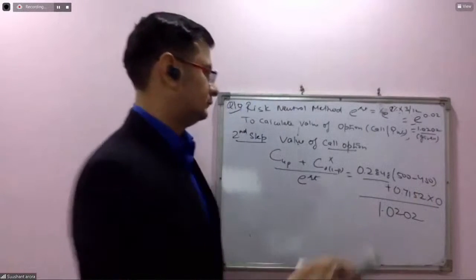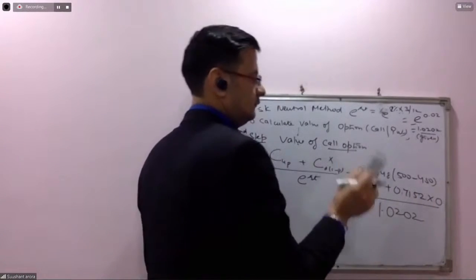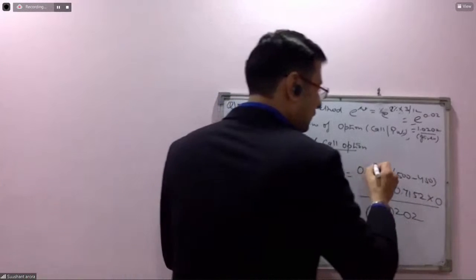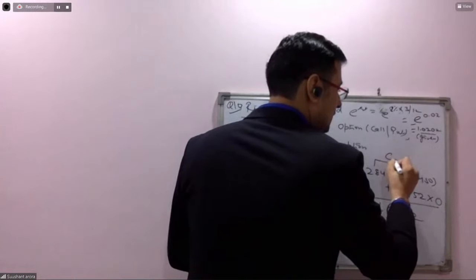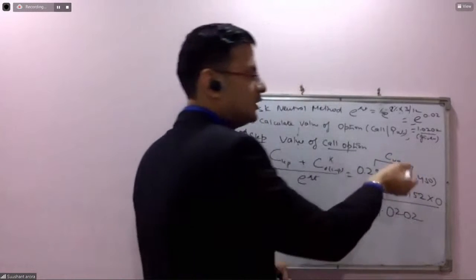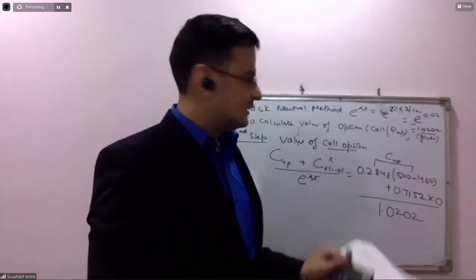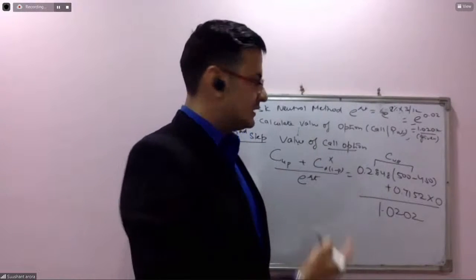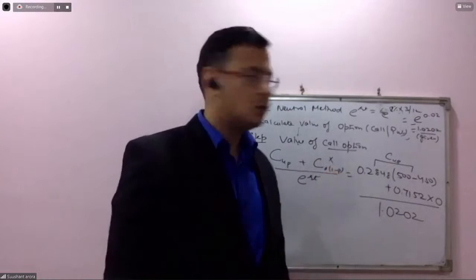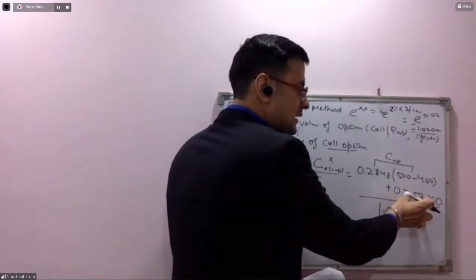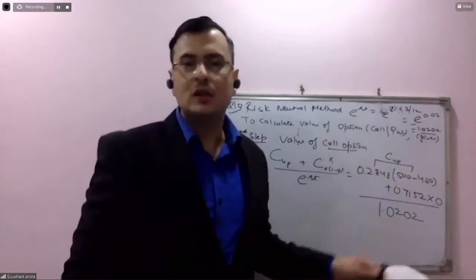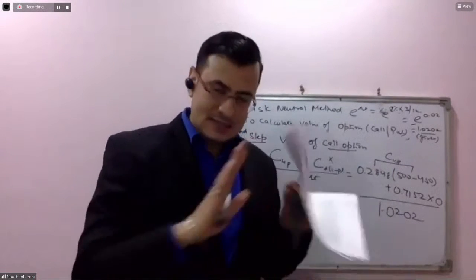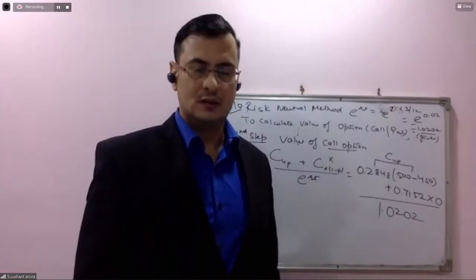Okay? So probability, this whole is considered to be C up with the probability of going up in the price. So 0.2848, 500 minus 450, the first step, the value that we took, plus 1 minus P, but the value will be 0 because we will not exercise the call option because the price has gone down. So call options is never exercised when the price goes down.